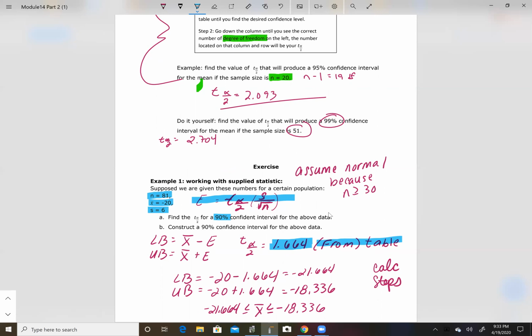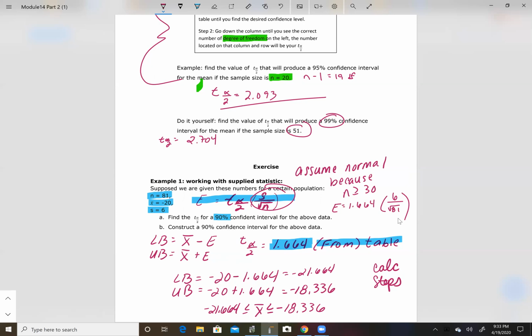Then it wants us to go ahead and finish the interval. I didn't do the math on here, so I'll just do it now. To find E, I take 1.664 and multiply it by s divided by the square root of n, and that was 6 divided by the square root of 81.